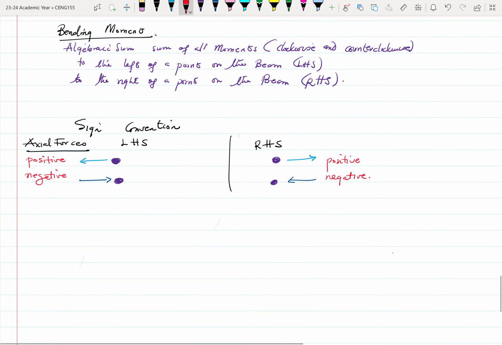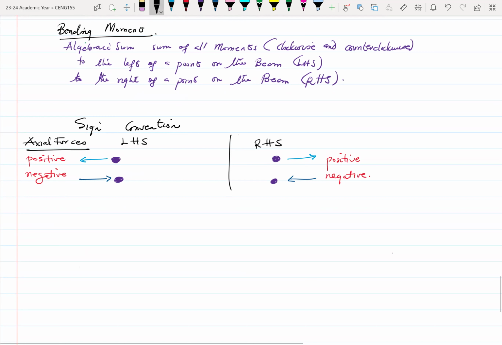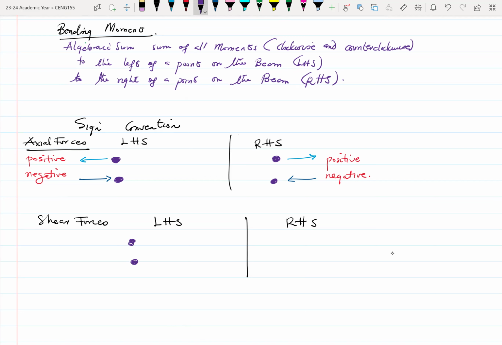Okay. So what if you are looking at shear forces? Let's look at the left-hand side and again the right-hand side. These are the points we want to find our shear about. So let me just draw them over here.